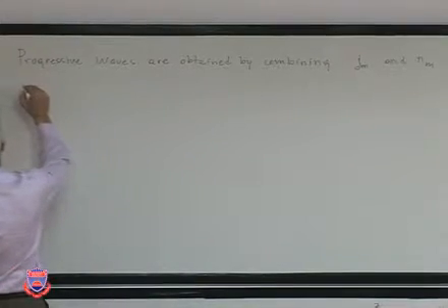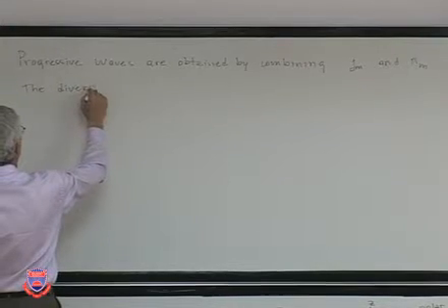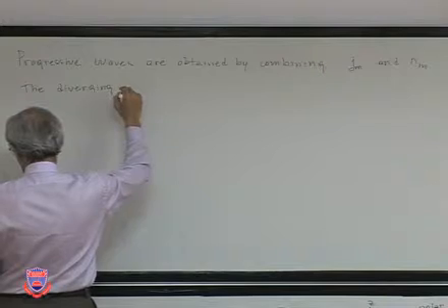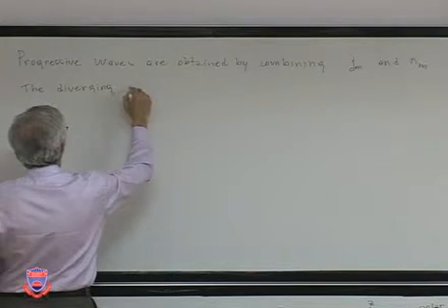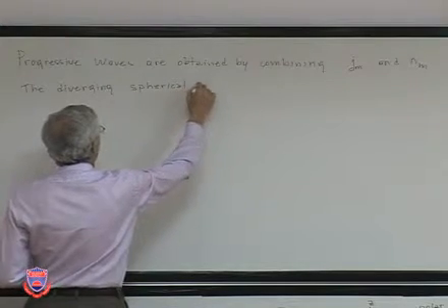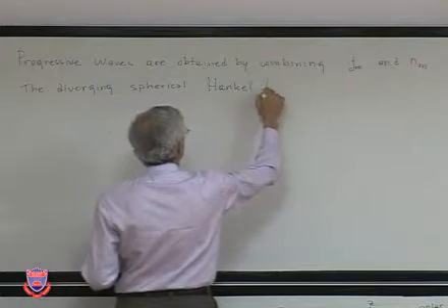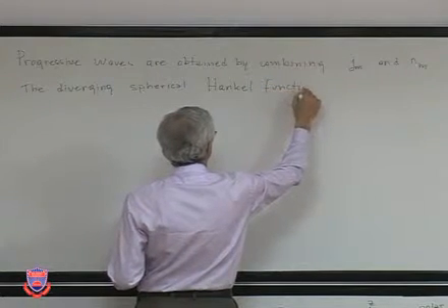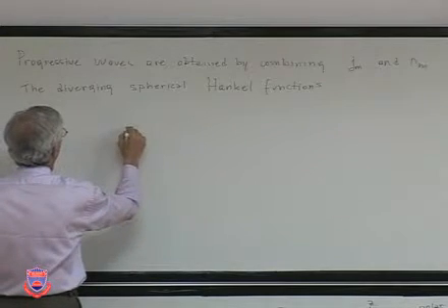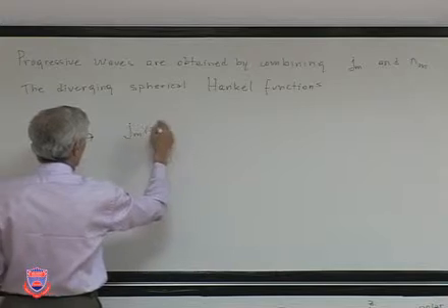So diverging spherical Hankel functions are obtained by combining Jm with the Neumann function.